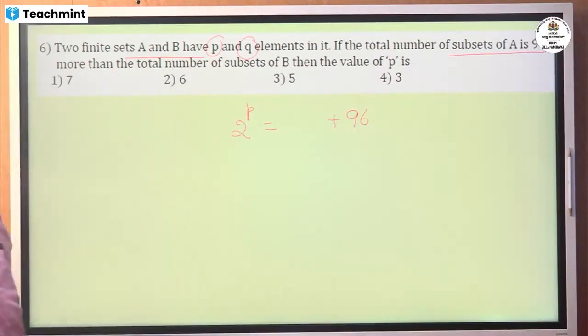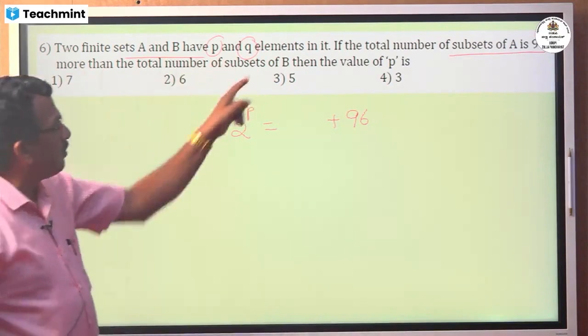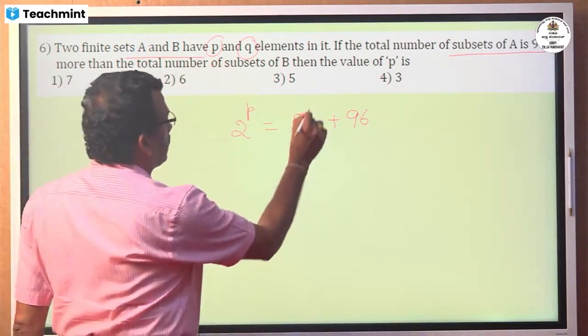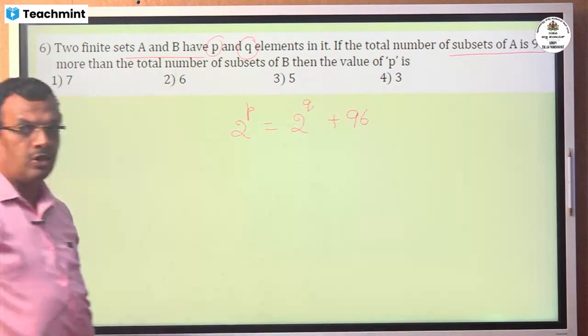More means plus 96 more than what? Number of subsets of B. Number of subsets of B is 2 to the power Q.